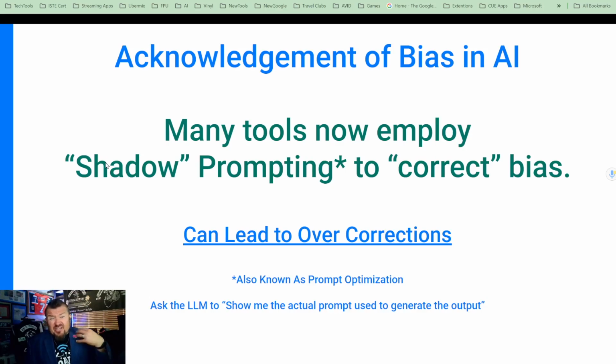And if it just takes that prompt, it'll give me a man as a mail carrier delivering mail. But to correct that, you might get a little bit of a shadow prompt where it re-engineers your prompt to say a mail carrier, both male and female, it'll rewrite it to ensure that a biased image doesn't come out.